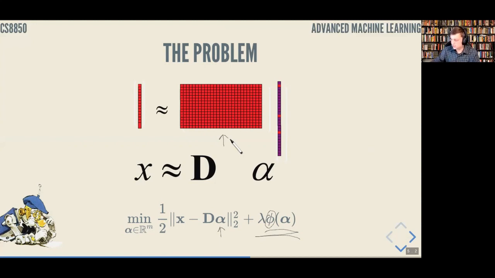In 2D, it's enough to have two vectors to represent everything. But if we have tons and tons of vectors, maybe it's enough to have one point and the nearest vector to that point. That's kind of the intuition.